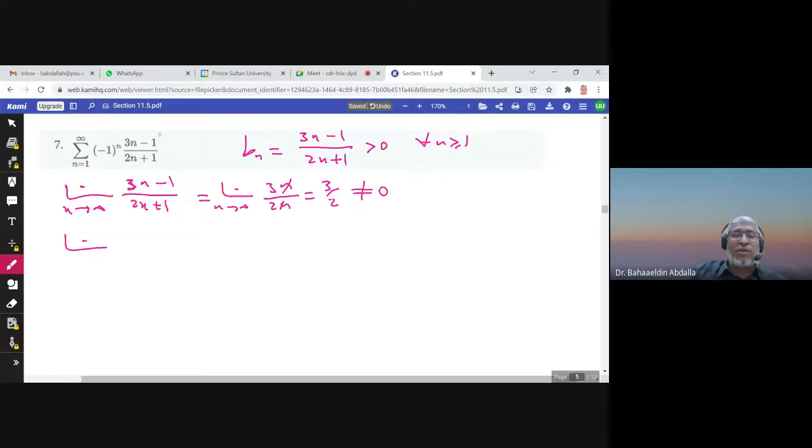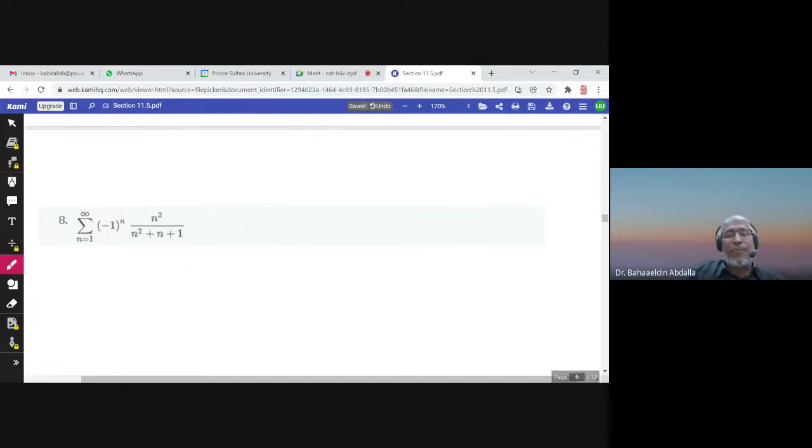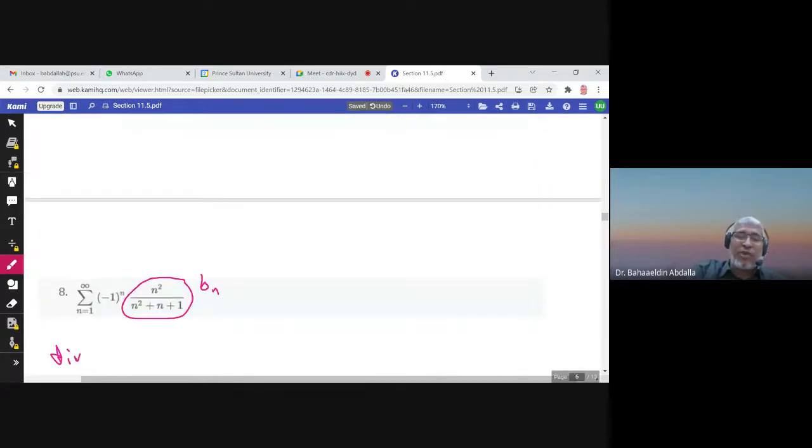So the limit of An does not exist, and by the test for divergence, summation An diverges. Notice that this is Bn and the limit would be 1. So the series would be divergent by the test for divergence, exactly similar to number 7.